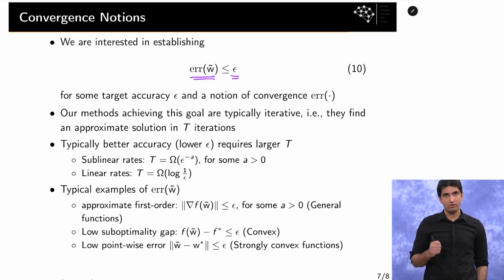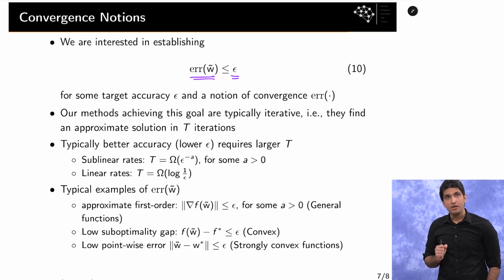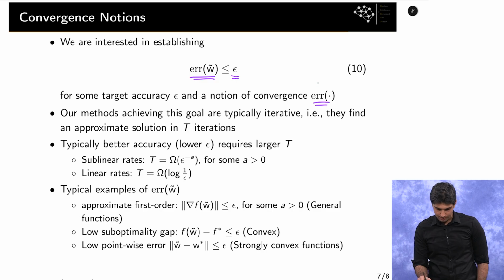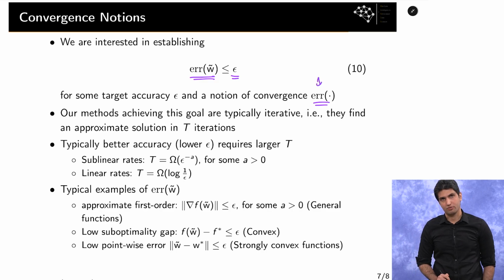So you have a target accuracy epsilon in mind, and you want to say that I want to find a solution W tilde such that according to a specific convergence notion error, the solution is an epsilon approximate solution, okay? Meaning that this criterion is very, very small.